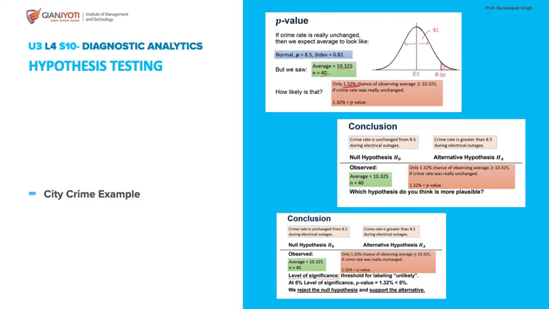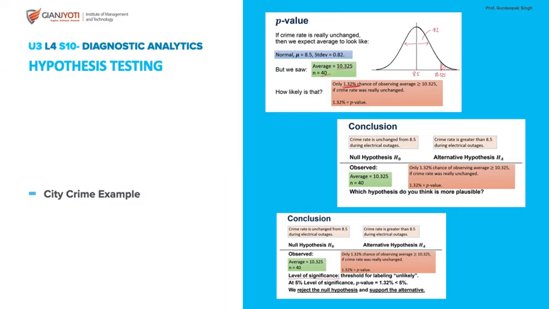Let us say our significance level is 5%. So if the p-value is less than 5%, that means this 1.32 is not significant enough within my null hypothesis. So with 8.5 in the normal distribution, this is not significant enough, then we reject the null hypothesis.